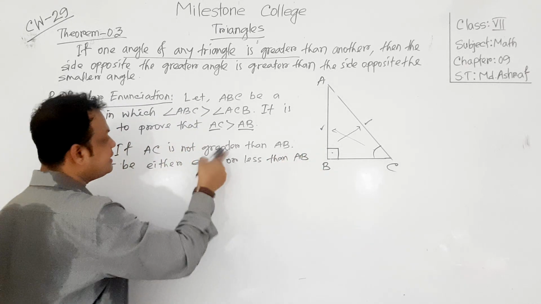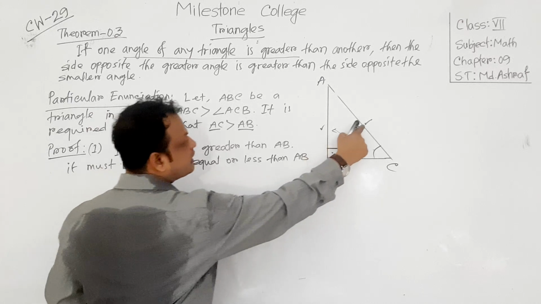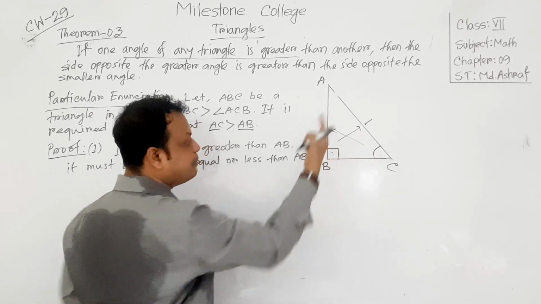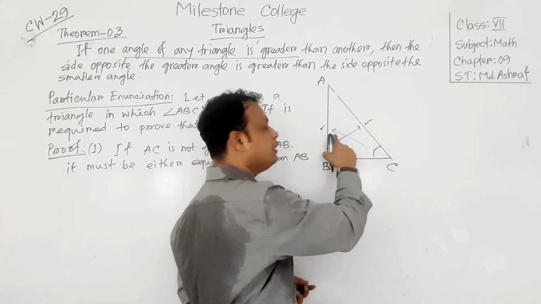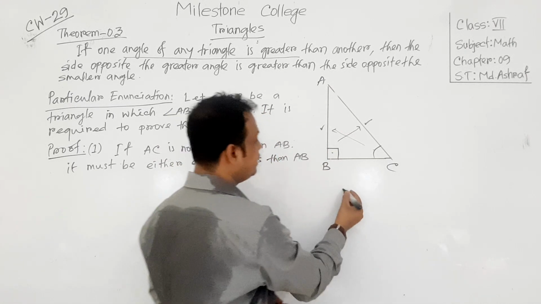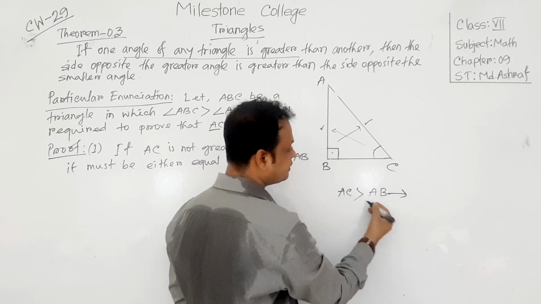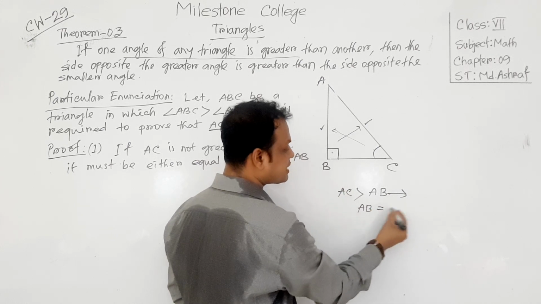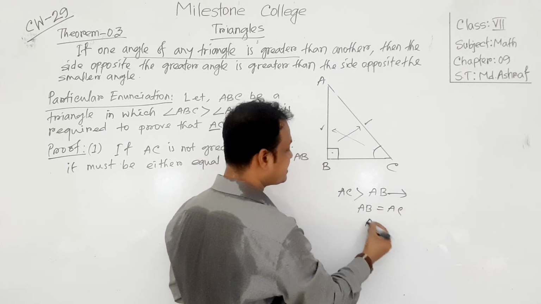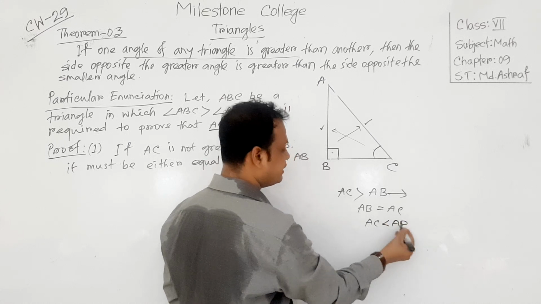So if AC is not greater than AB, then it may be equal or it may be less. Then AB equals AC, it may be, or AC less than AB, it may be.